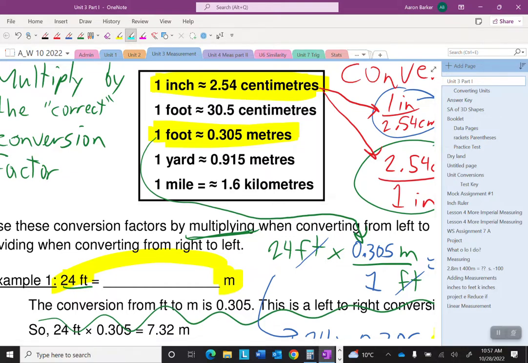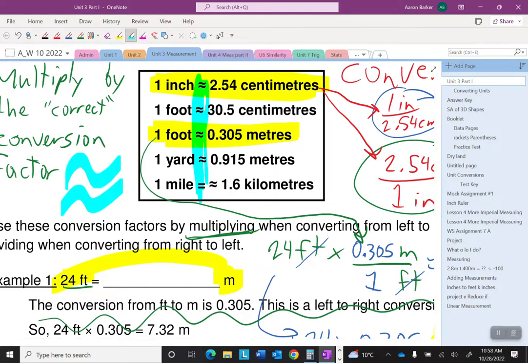What do you guys notice about all these signs? Yeah, they're not equal signs. You guys know what that sign means? The little wavy sign? Any ideas, Landon? Yeah, it's an estimate. Yeah, so usually we'd say it's an approximation. So we would say 1 foot is approximately 0.305 meters, approximately.